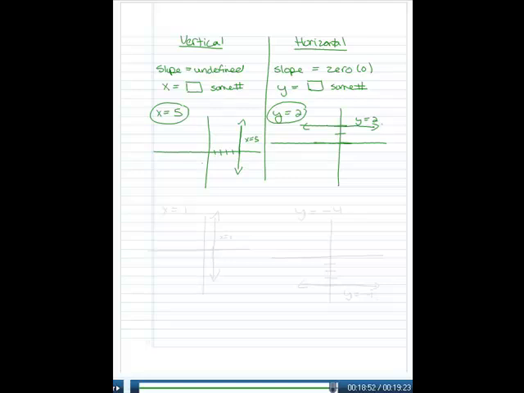So let's just do a couple more examples. Let's do x is 1. Graph. You go to the number 1 on the x-axis and you draw your line. What about y is negative 4? Again, draw your graph. You go to negative 4 on your y-axis and you draw your horizontal line.